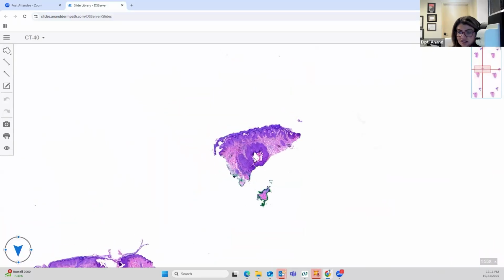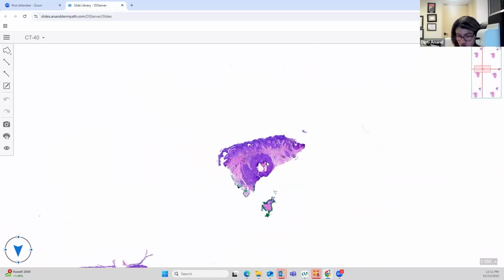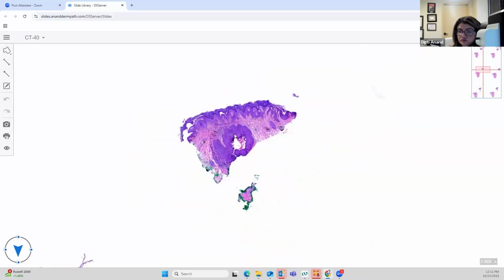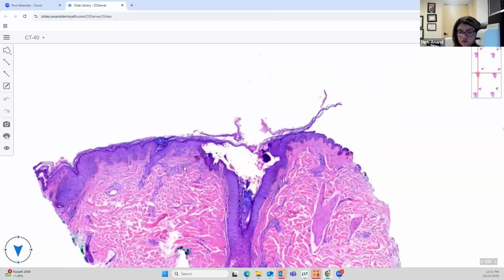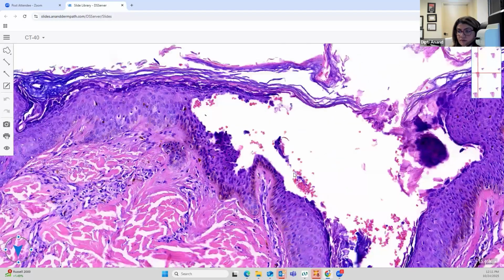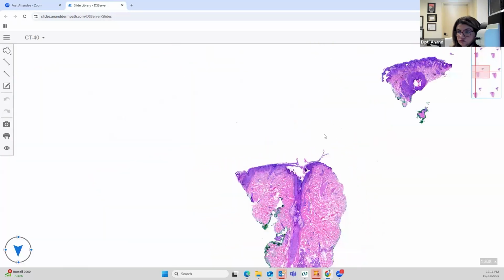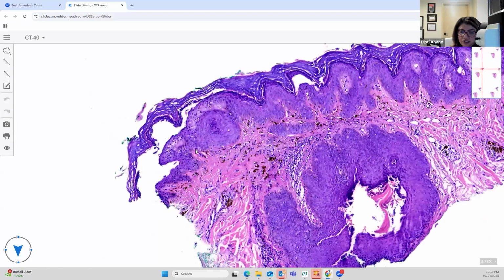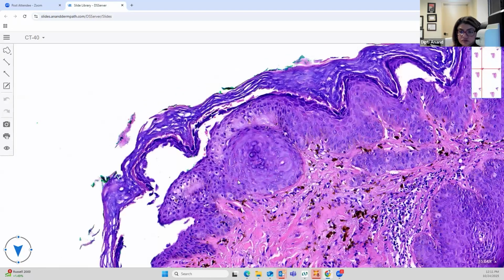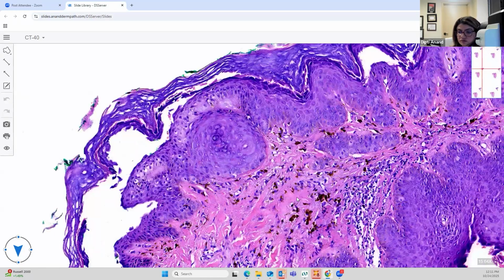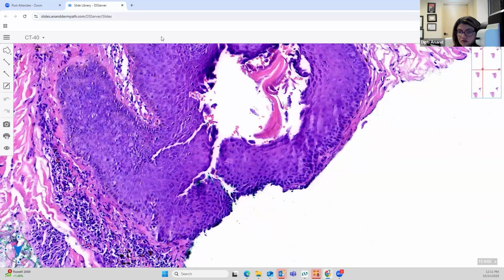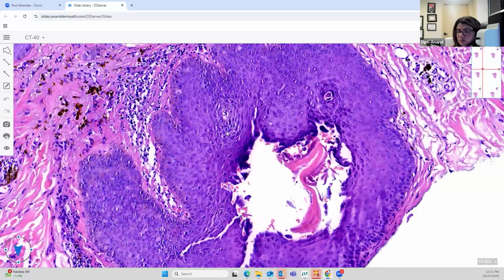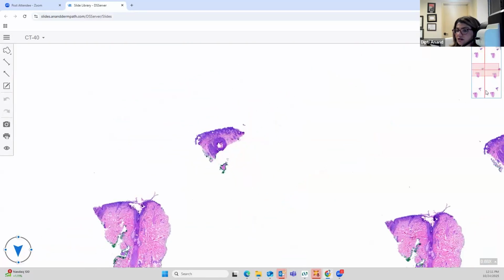So it's a scaly crusted eruption on the trunk. Any takers for this? Shireen, do you want to try it?